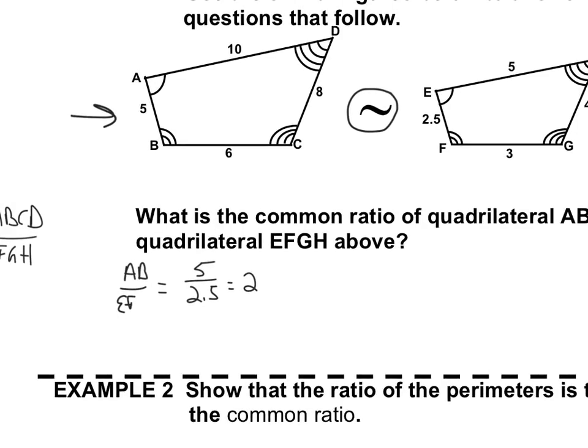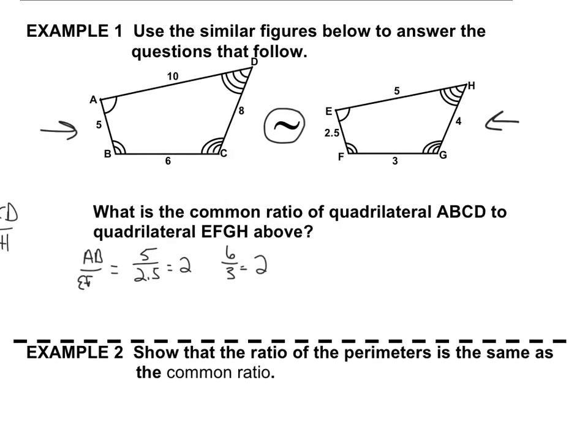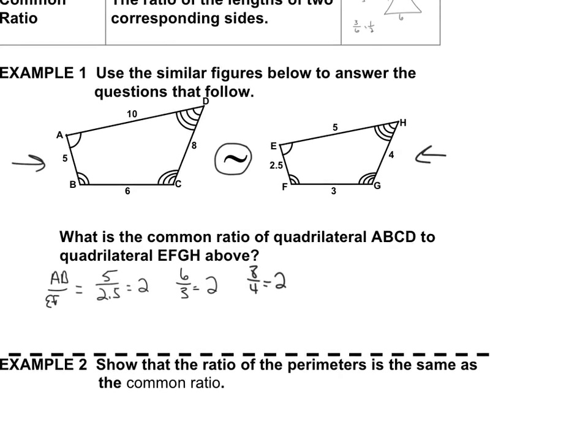Next I'm going to do BC, which is 6, over FG, which is 3, which also equals 2. And I have to check every one of them. I'm going to take CD, 8, and divide it by GH, 4, and that also equals 2. And to check the last side, that's AD, 10, over EH, 5, which also equals 2, which means our common ratio equals 2.